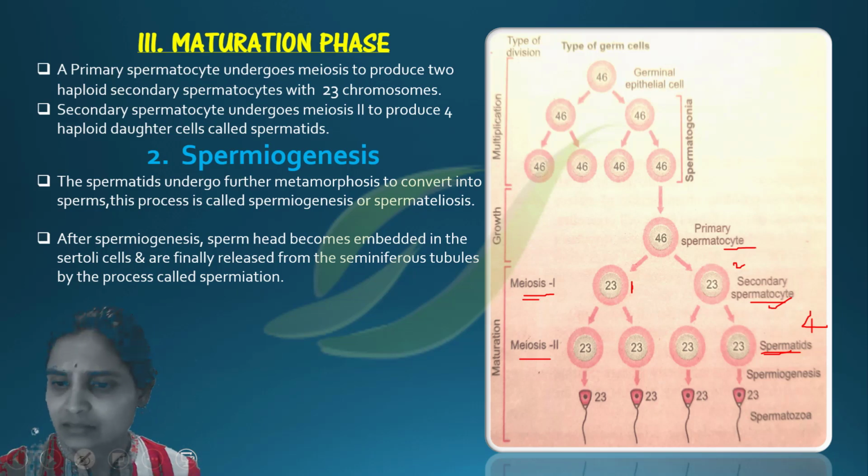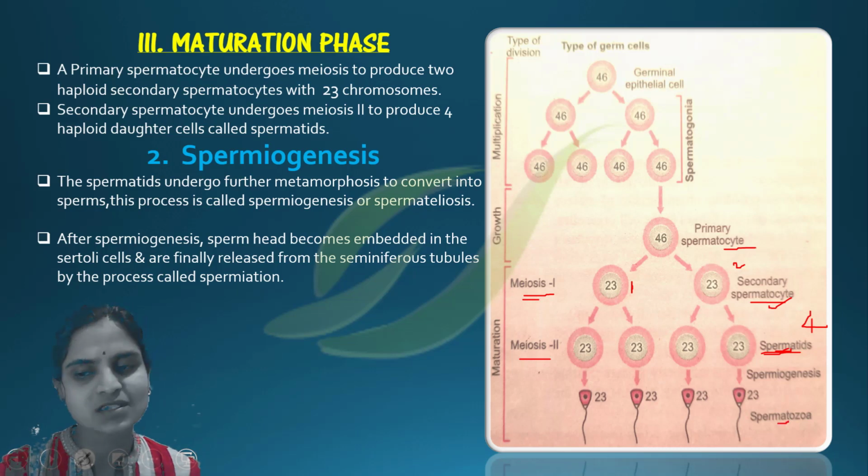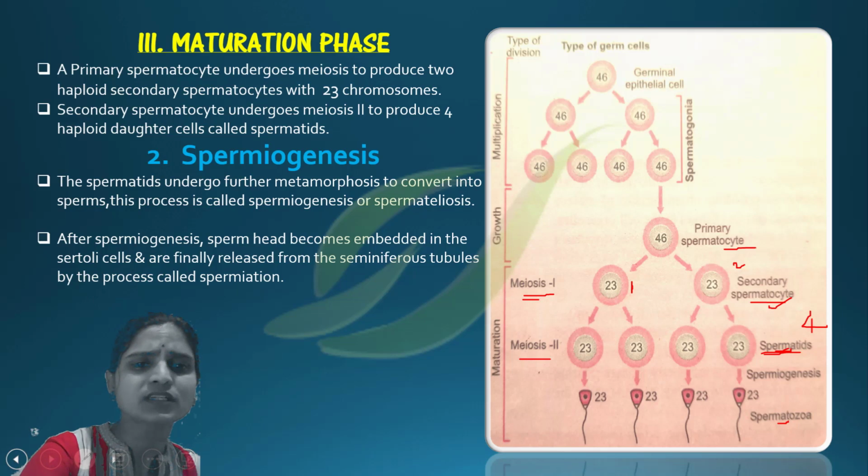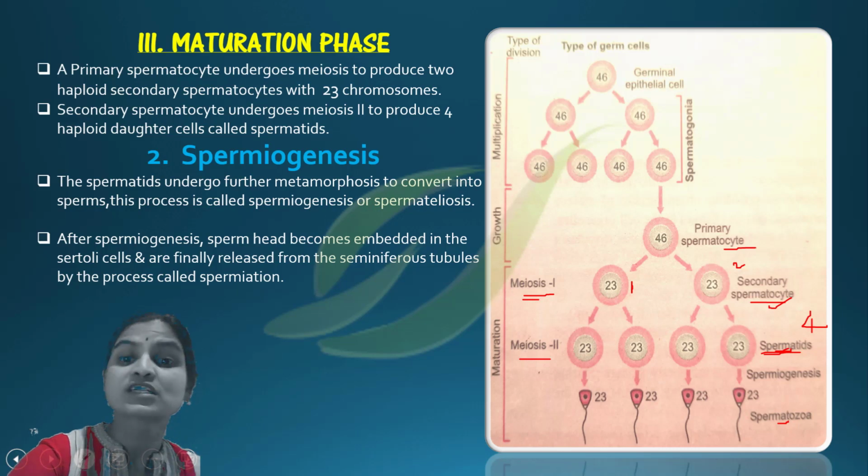These spermatids are not matured. So there is a transformation of spermatids into spermatozoa, that is sperms, called spermiogenesis. So the second event is spermiogenesis. In spermiogenesis, the spermatids undergo metamorphosis to convert into sperms. This process is called spermiogenesis, or spermateliosis.